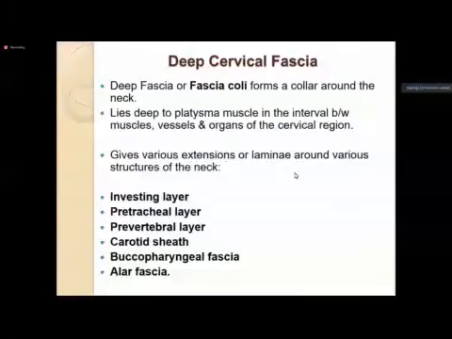It lies deep to the platysma muscle in the interval between muscles, vessels, and organs of the cervical region. It gives various extensions or laminae around various structures of the neck. We have the investing layer of deep cervical fascia, the pretracheal layer, the prevertebral layer, the carotid sheath, and the buccopharyngeal fascia and alar fascia.